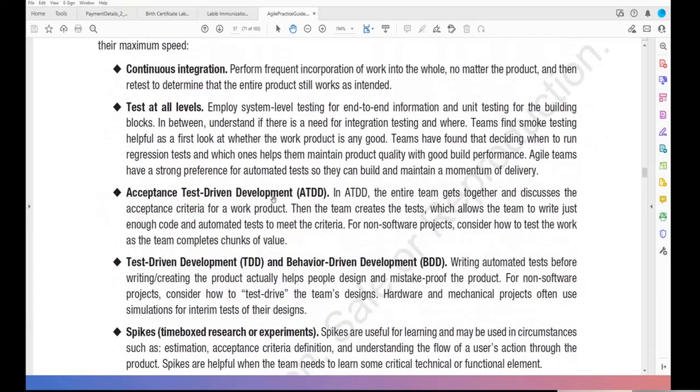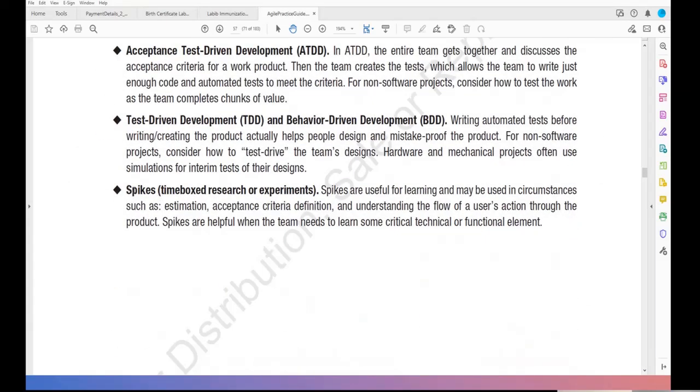These are not important. Spikes are the important one. Spikes means a time-boxed research or experiment. Time-boxed means it is fixed in time. You can take like a week, or 3 or 4 days.